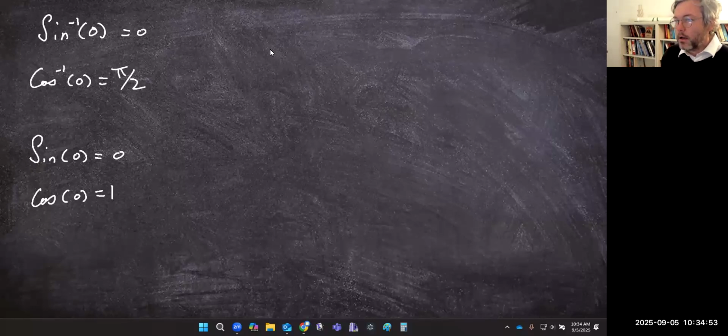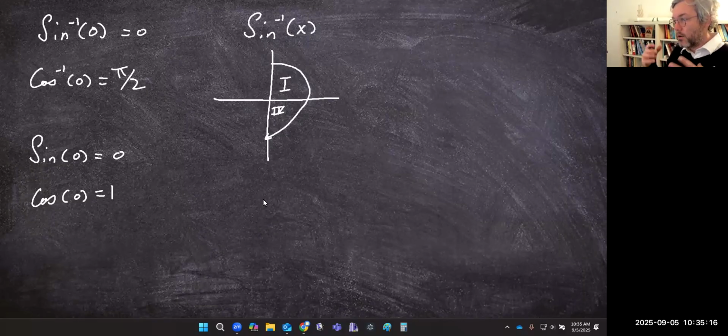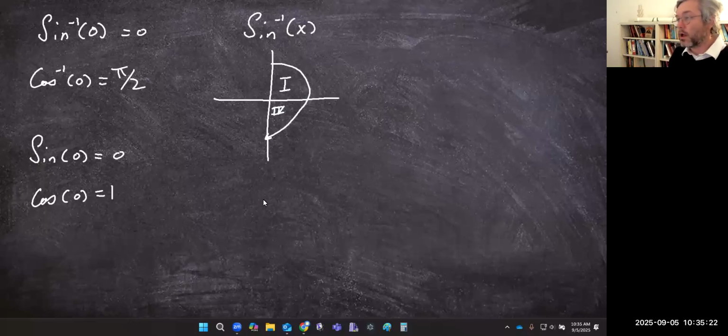Okay, let's talk sine first. So inverse sine of some x. Inverse sine is defined in the first region and the fourth region of the quadrants. Maybe you learned this in your pre-calculus class or your algebra 2.